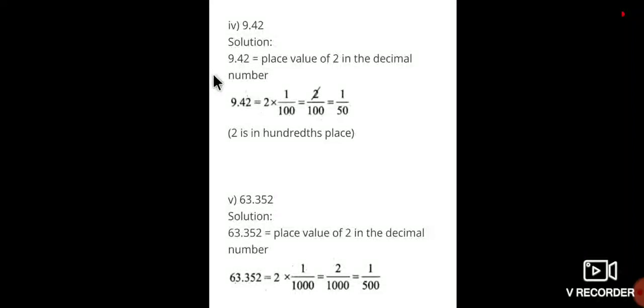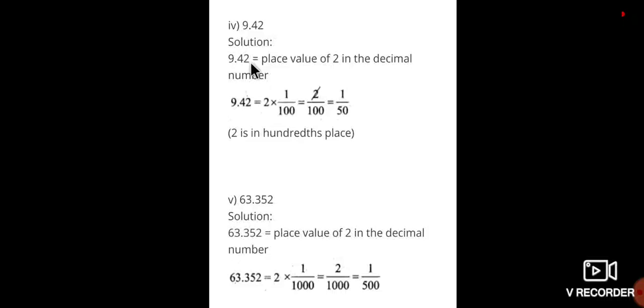Next, 9.42. Here we have to write the place value of 2 in the decimal number. Here tenths, hundredths, thousandths.